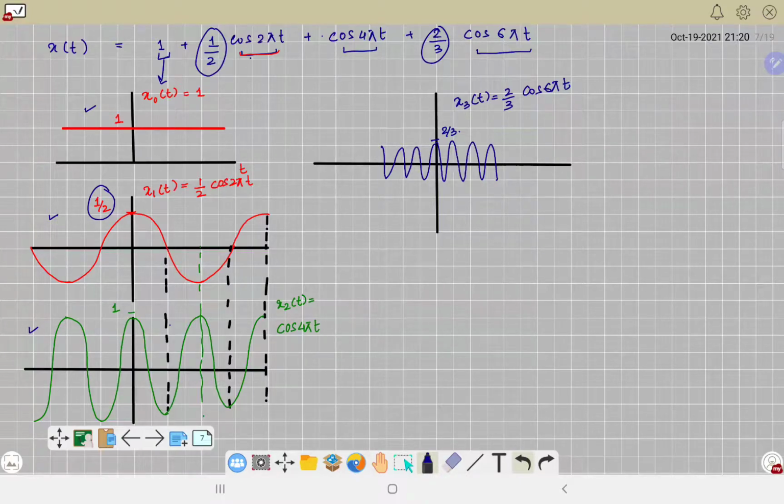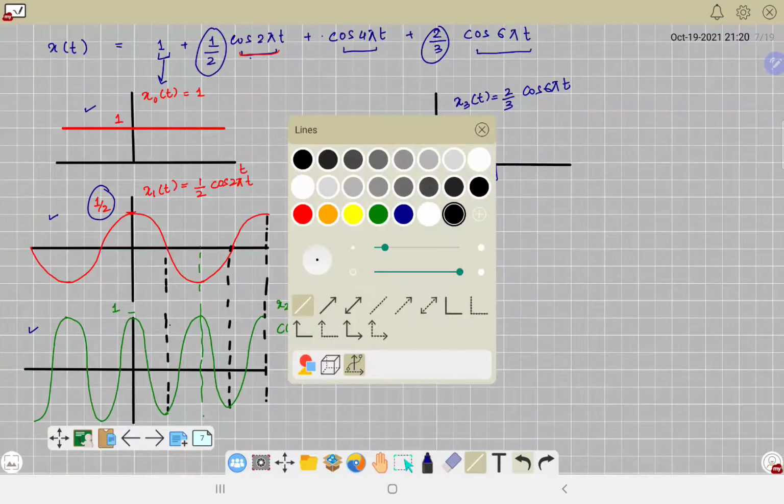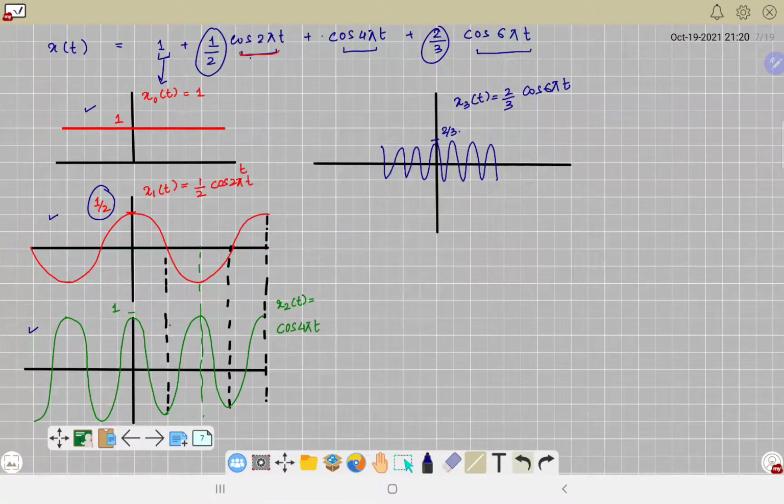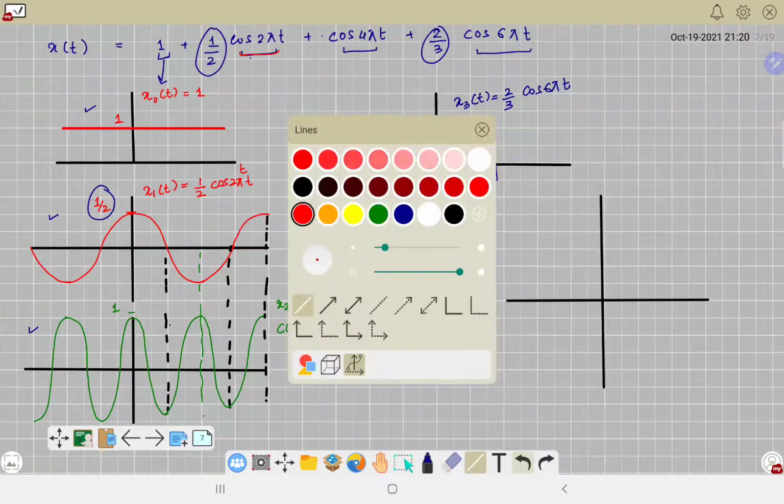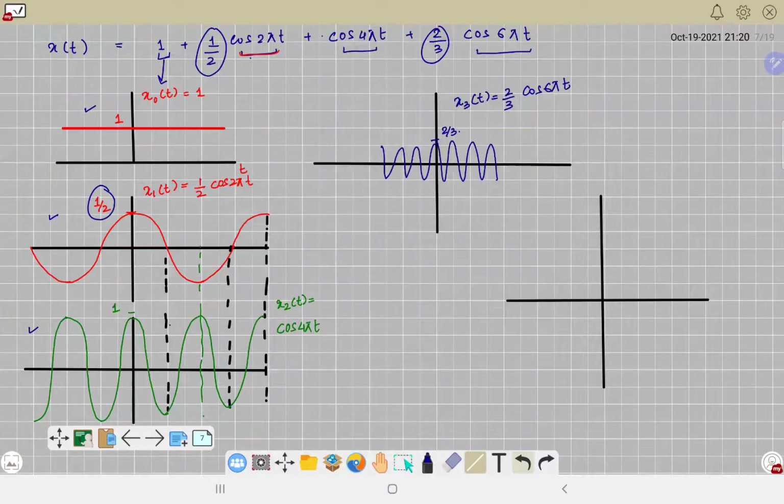Obviously I can't draw it exactly, but it is basically a sum of these three, so something like this.